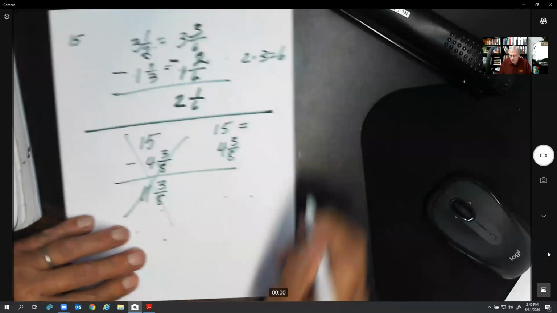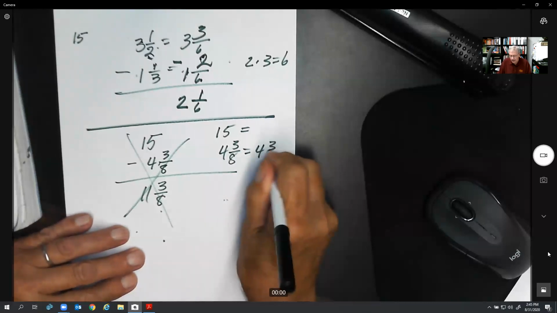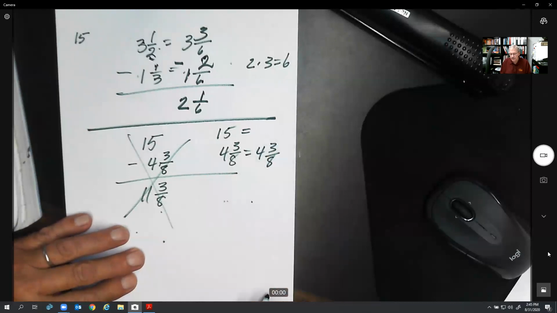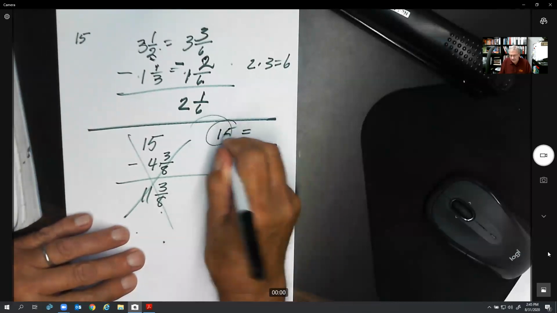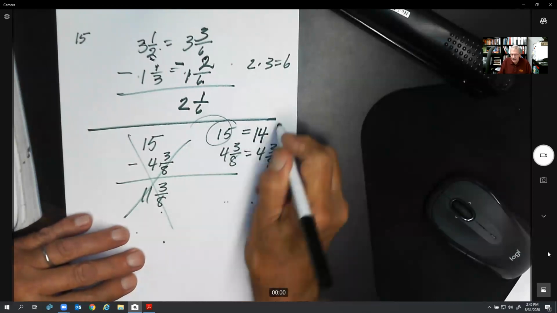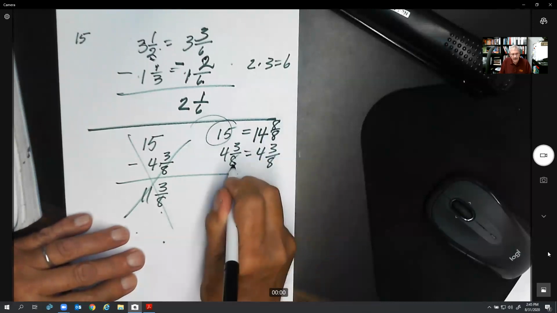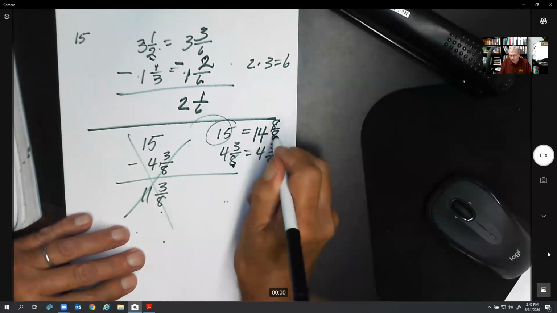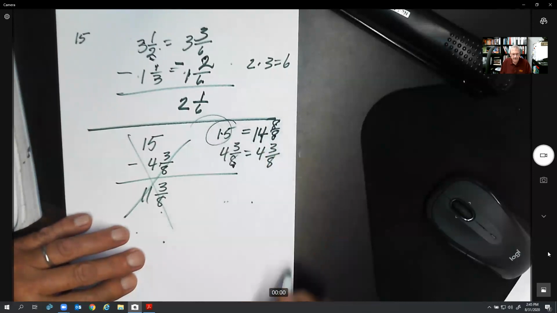Okay. So what we're going to do is we're going to bring over the 4 and 3/8, but I need to subtract from something. So I'm going to change this 15 to 14 and 8/8. I'm going to use the same denominator I have here. 8 over 8 is 1 plus 14 makes 15.